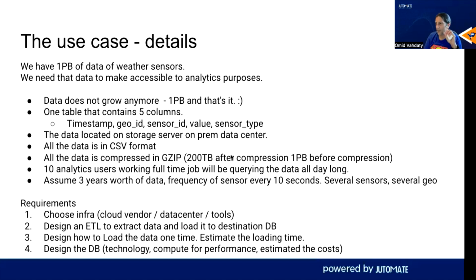All the data is compressed at a 1:5 ratio, meaning 200 terabytes before compression, 1 petabyte after compression. 10 analytics users, or analysts, are going to work full-time against the system. Assume this 1 petabyte of data represents 3 years' worth of data. Frequency of sensor data is 10 seconds, and naturally there are several sensors and several gears.